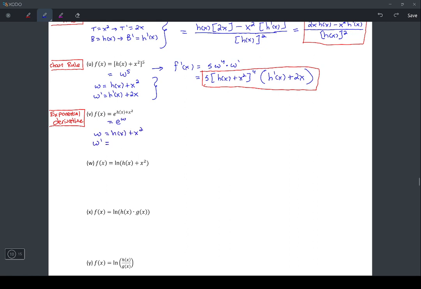We're going to need w prime for the exponential derivative. It's going to be h prime of x plus 2x. Okay, so we'll take the derivative. The derivative of e to the w is e to the w times w prime. That's one of our exponential derivative rules, which might not be review, it might be new. We'll cover it from scratch in class. Okay, so e to the w, e to the h of x plus x squared, multiplied by w prime, so multiplied by h prime of x plus 2x.